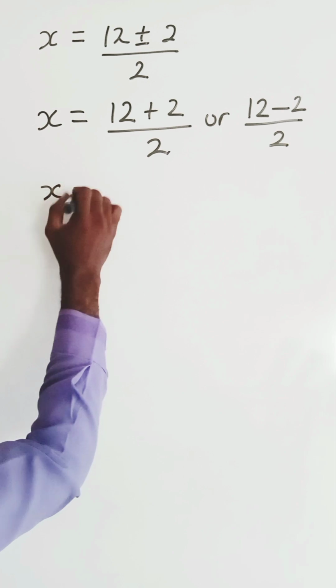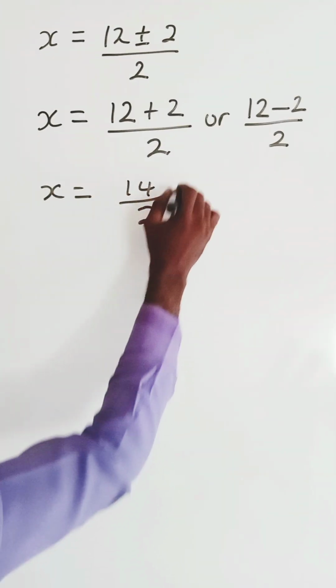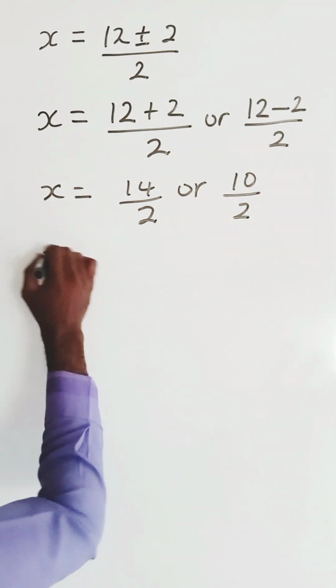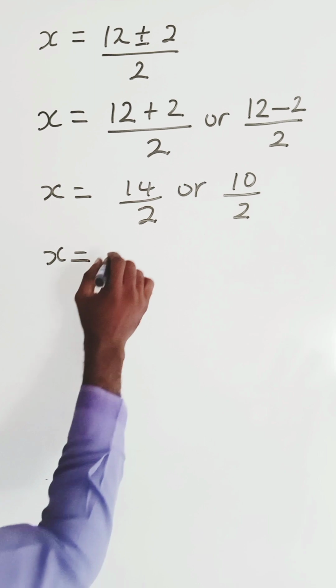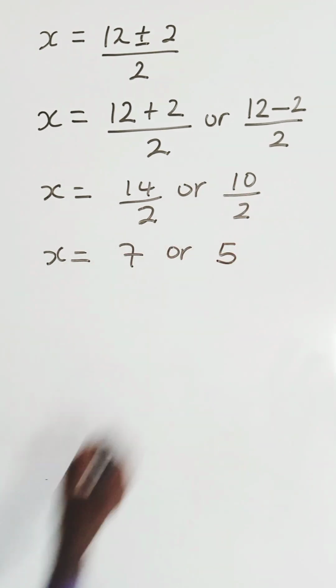Then x will be equal to 12 plus 2 is 14 over 2, or 12 minus 2 is 10 all over 2. x will now be equal to 14 divided by 2 is 7, or 10 divided by 2 is 5.